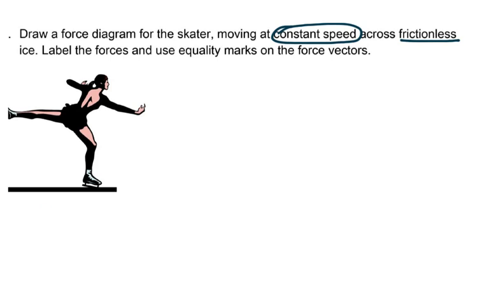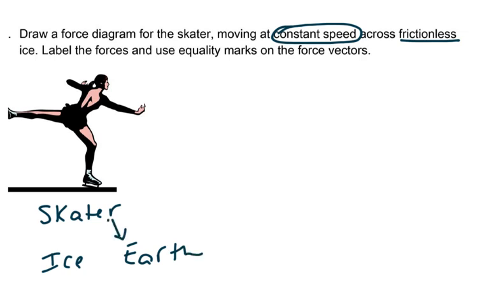So if I do the system schema, I have the skater, the ice, and the earth. I have an interaction between the skater and the earth. I have an interaction between the ice and the skater. And then I have an interaction between the ice and the earth. We are drawing a force diagram for the skater.